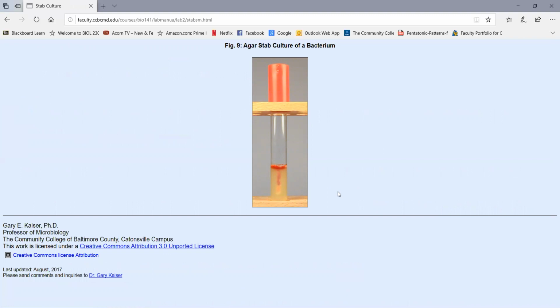We're going to use an inoculating loop to stab the stab tubes today, but often a straight wire called an inoculating wire is used rather than a loop. But again, you see the bacteria growing into the agar where it was stabbed. Now we see growth at the top. You always see growth at the top, but that isn't a pellicle because, again, this is not a broth culture. This is a solid agar surface. Bacteria will just naturally grow on top of the stab tube. What we're looking for here is it growing into the stab.